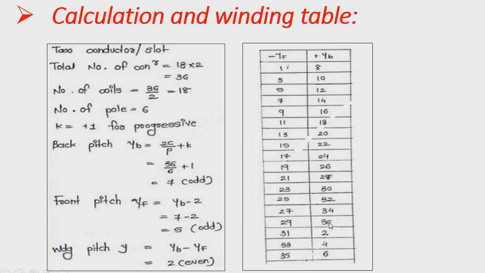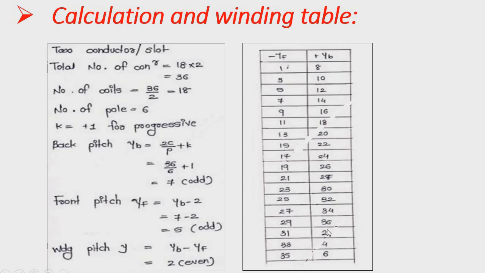So 36 minus 5 is again 31. Now 31 plus 7, it will be 39. It is 38. This is 38.